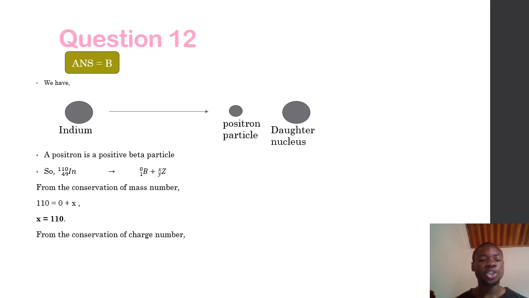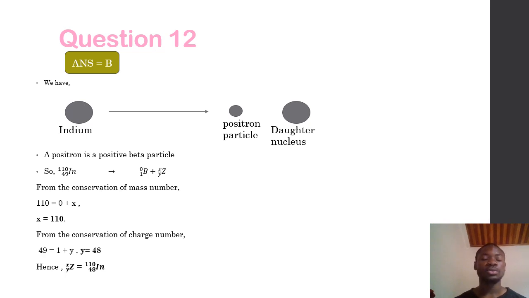And from the conservation of charge number, we have 49 is equal to 1 plus y, so y is equal to 48. Hence, the daughter nucleus is indium 110, 48.